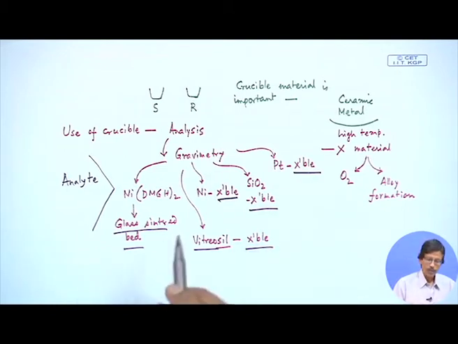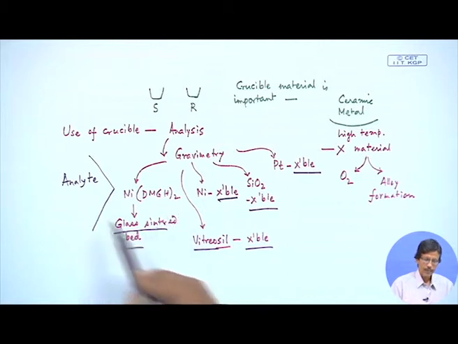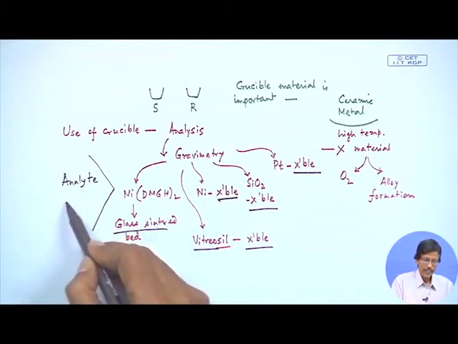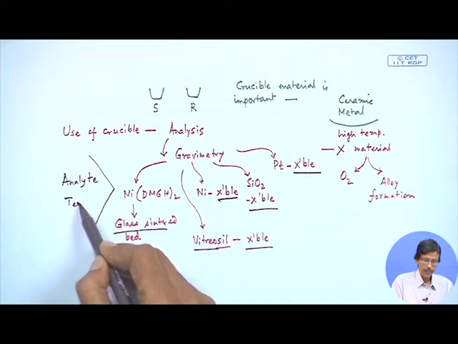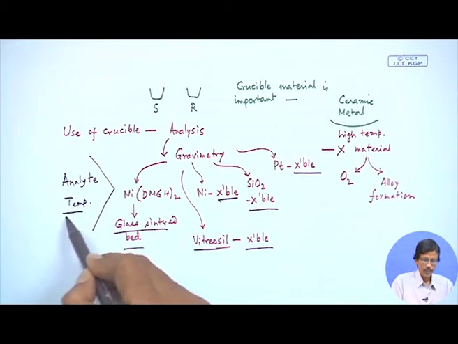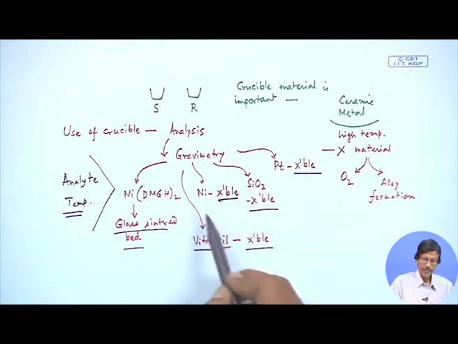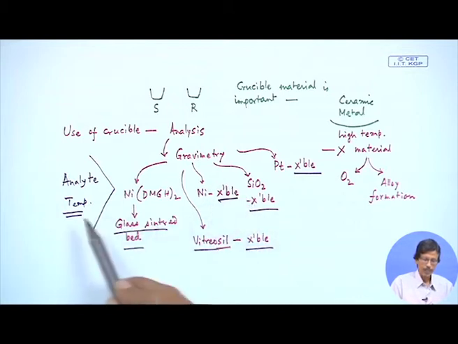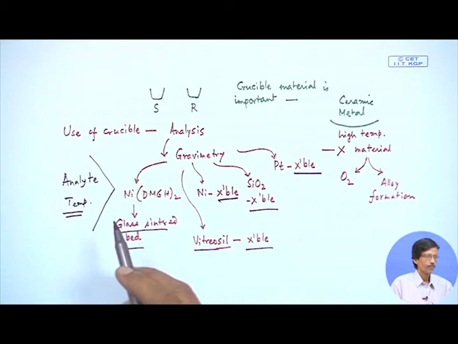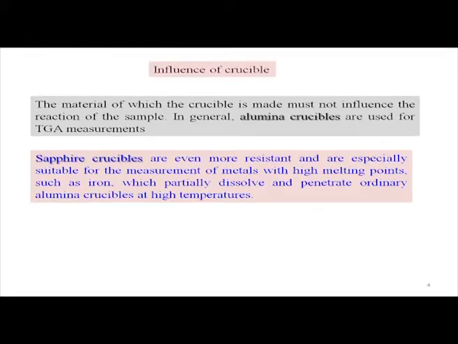Similarly, for thermogravimetric analysis, where the analyte is being heated at a high temperature, the crucible must be very stable at that temperature, and the material being heated within that particular crucible should not react. So, sapphire goes to a higher level than alumina, and is specially suitable for measurement of metals.